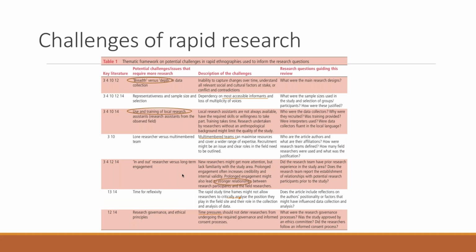And then just wanted to briefly touch on some of the challenges of rapid research. I've already touched on some of these today. But just things to keep in mind around potential trade-offs between breadth versus depth of data. This idea that if you do want to do a rapid piece of work and you want to produce in-depth data, then that might mean that you will need to really focus the scope of the study to be able to achieve the richness that you're looking for.